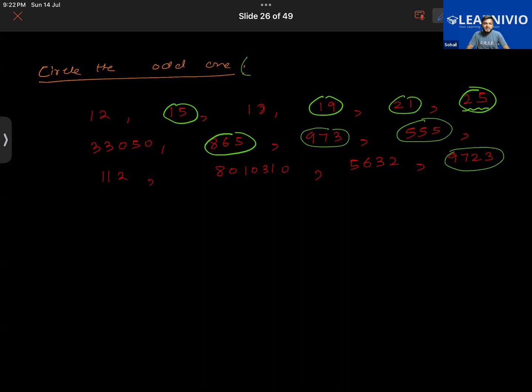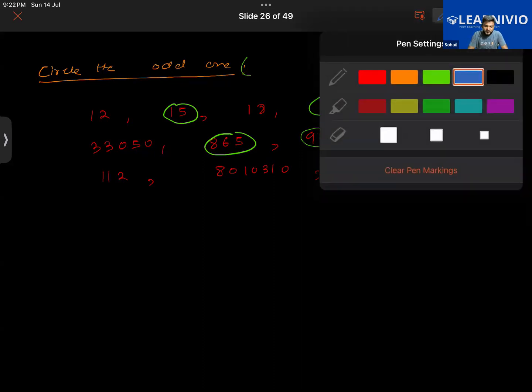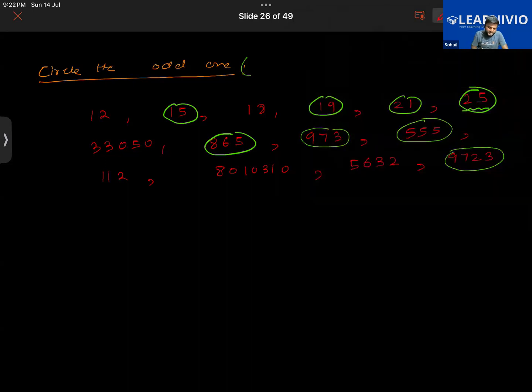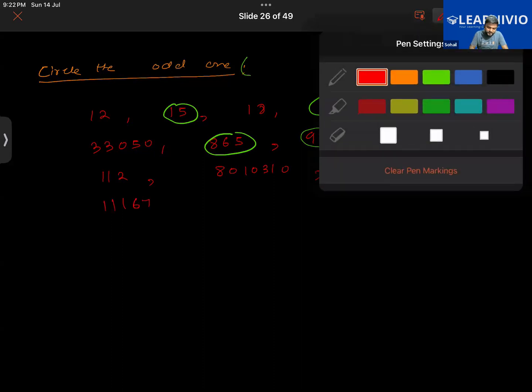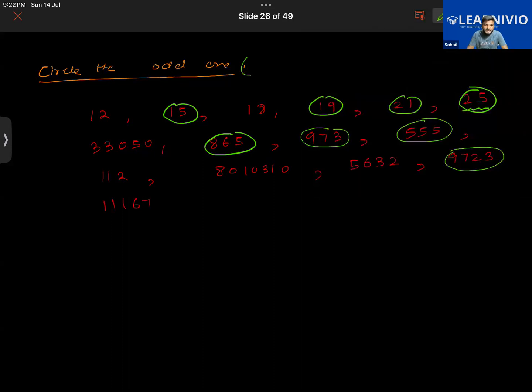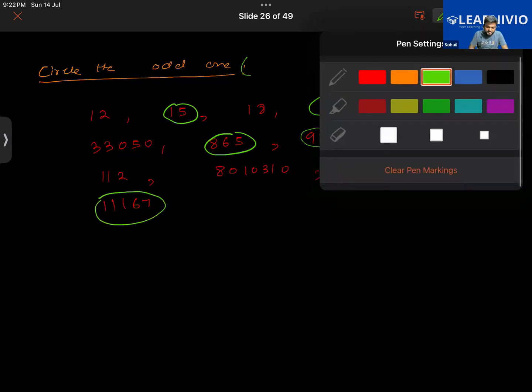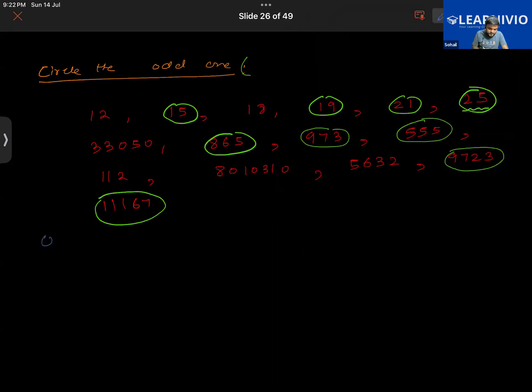You would observe that these numbers end with digits like 1, 3, 5, or 9. What if I were to add one more number in this, like 11167? What about this one? That will also be circled, isn't it? Yes. So then give the topic: odd numbers.